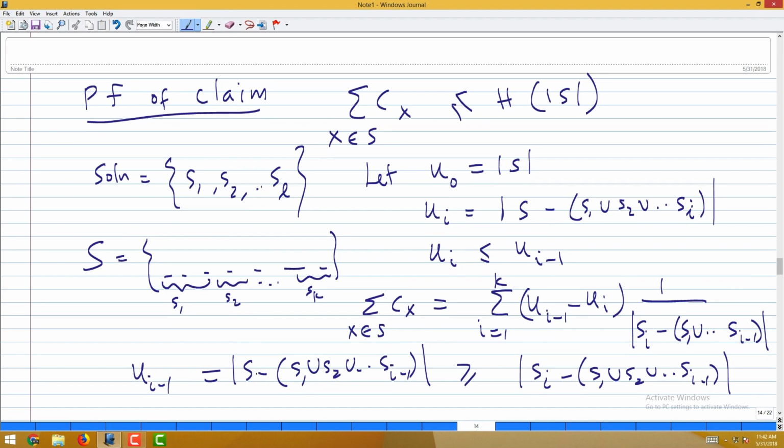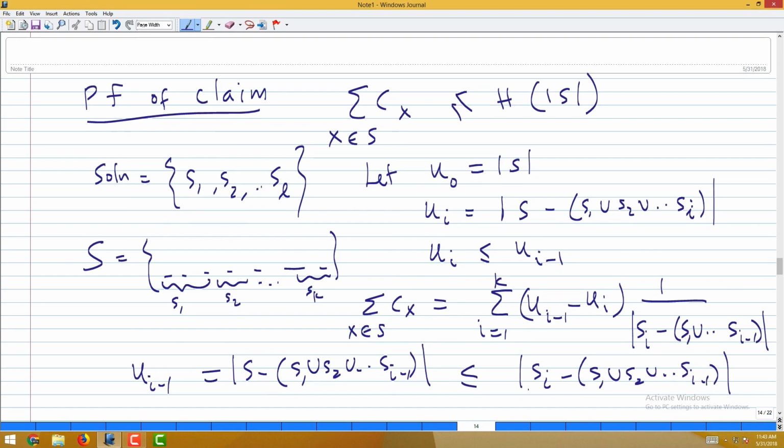What did the greedy algorithm do after picking S_1 to S_{i-1}? It picks the set which has the maximum number of uncovered elements at that point. So, S_i minus this is larger than this because the algorithm picked S_i.